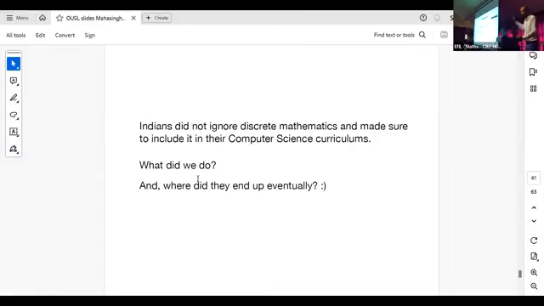Indians did not drop the mathematics needed to do computer science, and there are lots of textbooks in India on computational mathematics, stressing the important parts of mathematics to do computer science. In Indian curriculums of computer science, you see lots of mathematics.